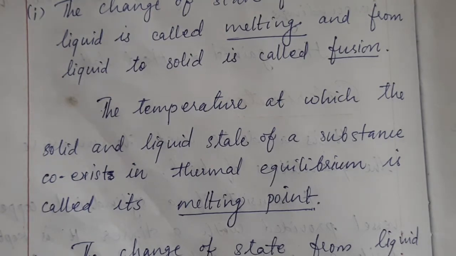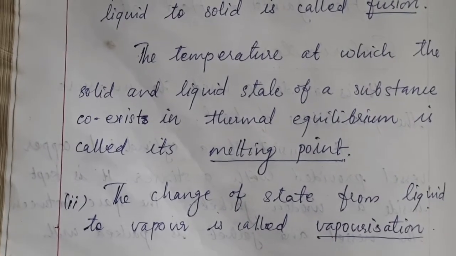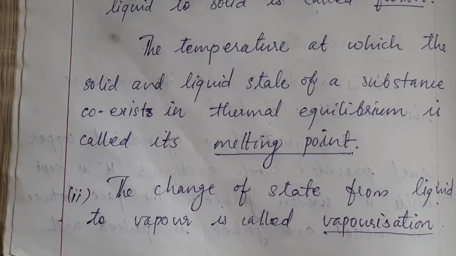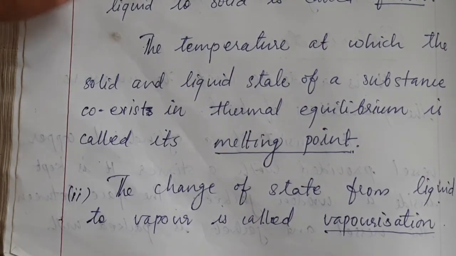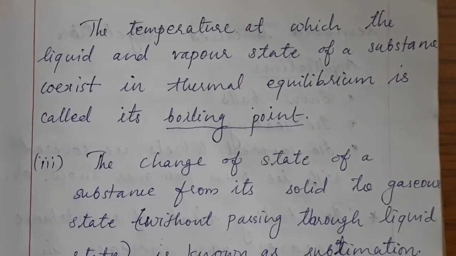Sometimes there is a change in state from liquid to vapor. That's known as vaporization. This process is known as vaporization. And the temperature at which the liquid and vapor state of a substance coexist in thermal equilibrium is known as the boiling point.